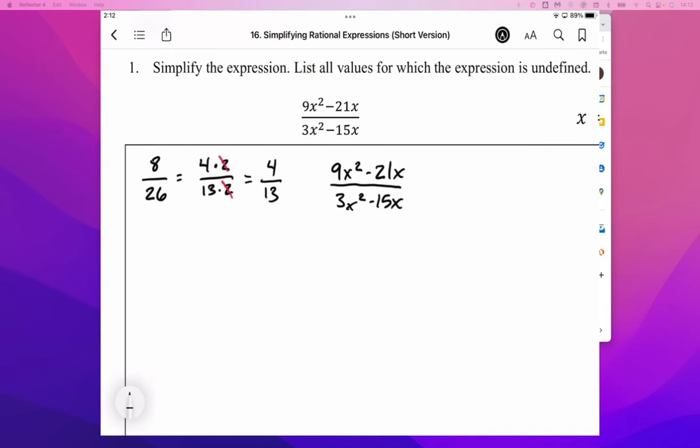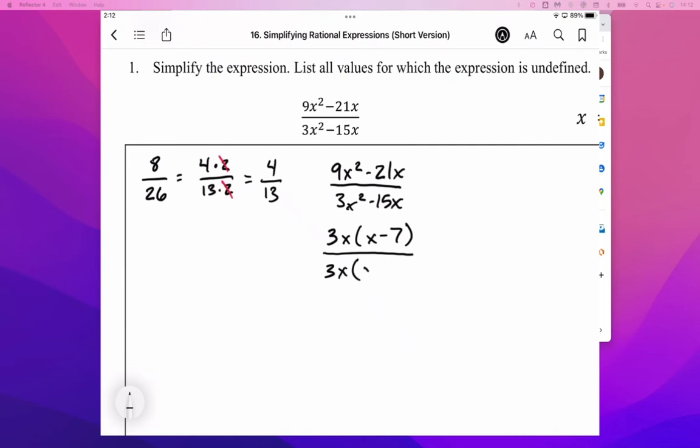But if we look at the numerator, we would say, hey, look, 9 and 21 both have a number in common that I could divide by. I could factor out a 3. And they both also have at least one x. And so if I was to factor that out, I would be left with x minus 7 in my numerator. And if I look at my denominator, I would go, oh, look, 3x squared and 15 also both have a 3, and they also both have an x.